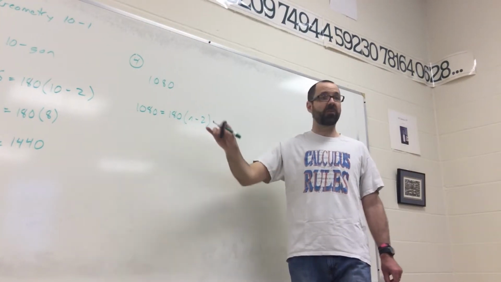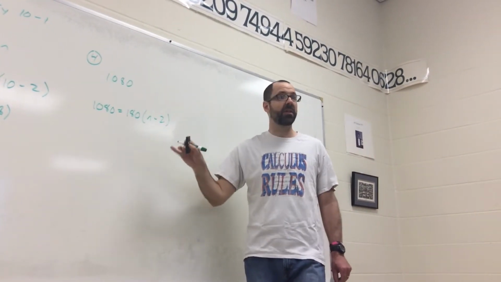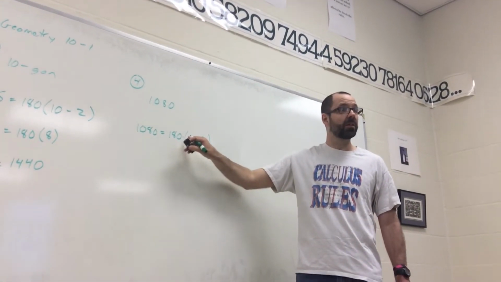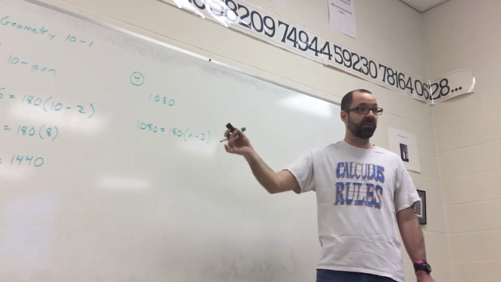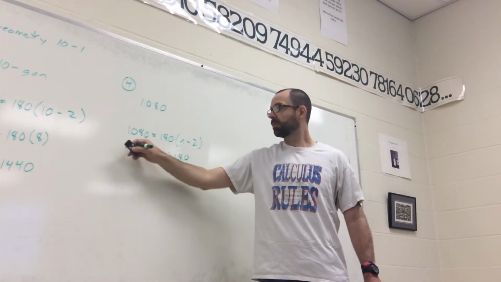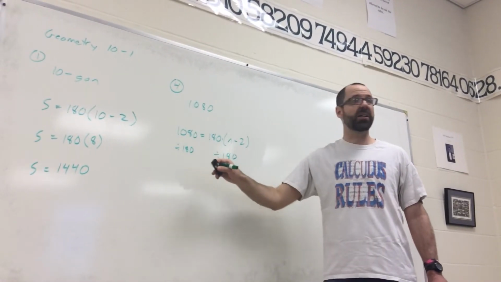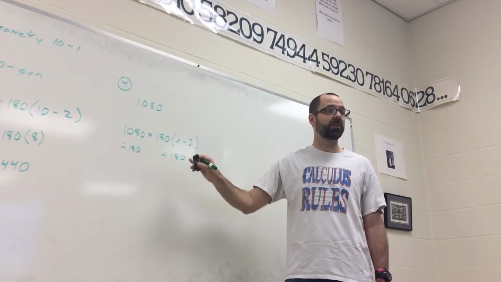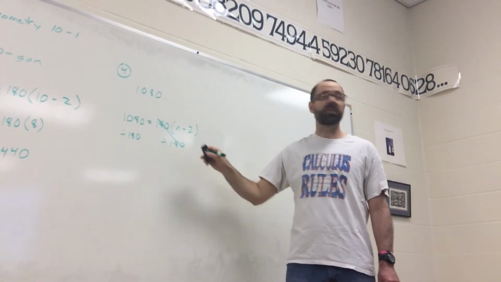So now we got to work backwards to figure out what the n is. Now Judah's exactly right. This is a multiplication sign, right? So to get rid of multiplication, we have to divide. So we're dividing by 180 on both sides to get rid of that multiplication sign. So then you cross that out.